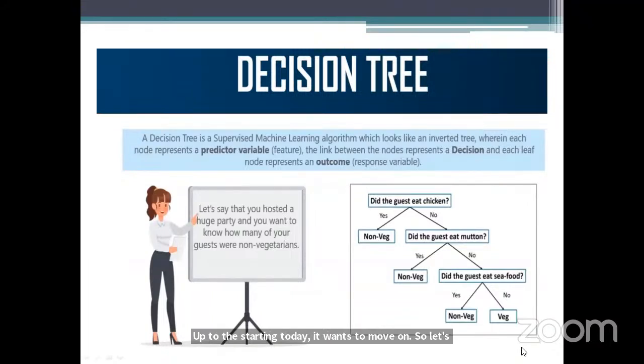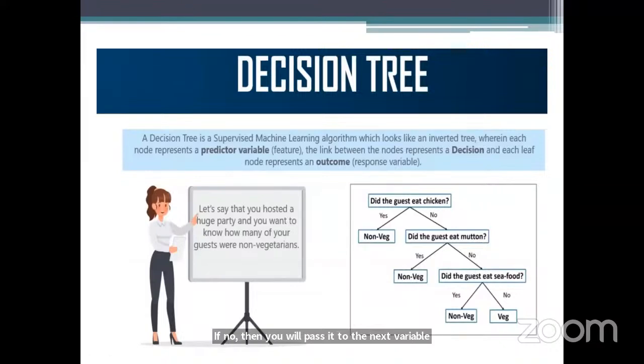So let's say we got a new data point. Now you will pass it through the decision tree. First variable is: did the guest eat chicken? If yes, he or she is a non-vegetarian. If no, then you pass it to the next variable.